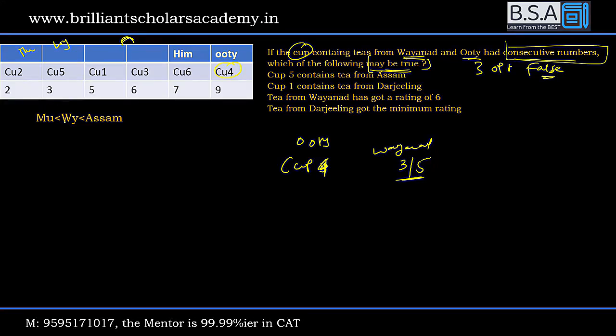But if I offer cup number 3 to Wayanad, Assam I have no space for. So Ooty's consecutive numbers are 3 and 5. Cup 3 I cannot give to Wayanad. If I give 3 to Wayanad, that creates a problem that Assam cannot be filled in the table.